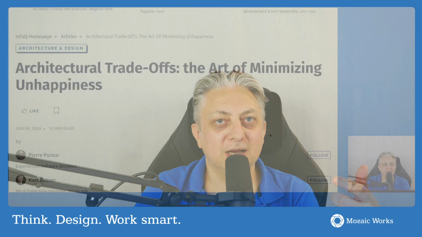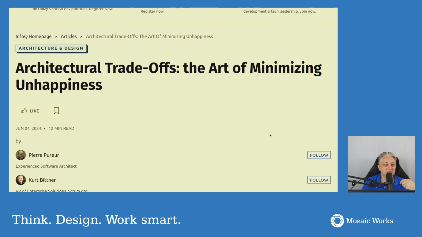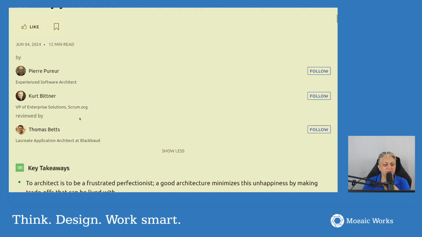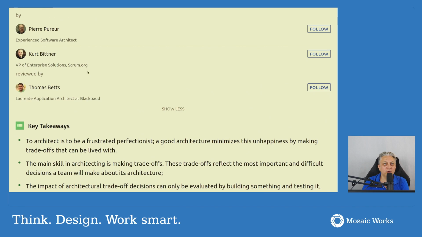So with this in mind, let's look at what this article is saying. This is an article published on InfoQ, June 4th, 2024, written by Pierre Pureur, experienced software architect, Kurt Bittner, VP of Enterprise Solutions at Scrum.org, and reviewed by Thomas Batts, laureate application architect at Blackbaud.